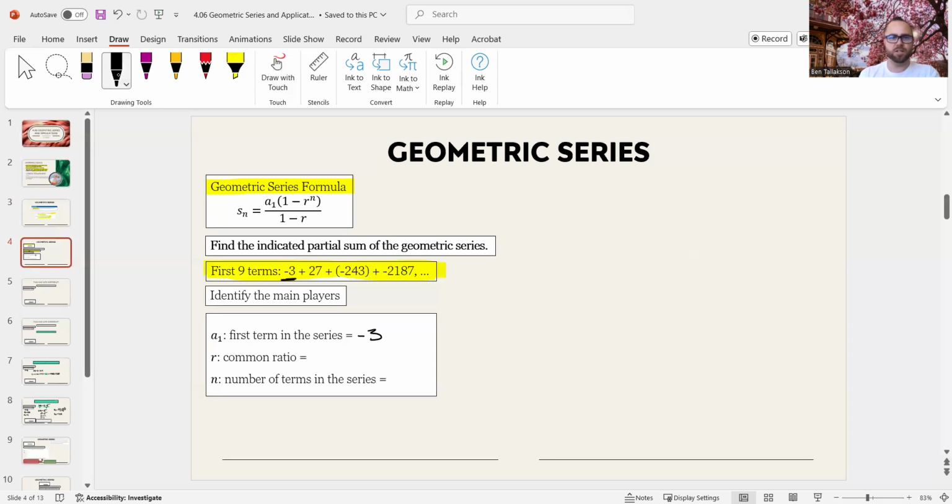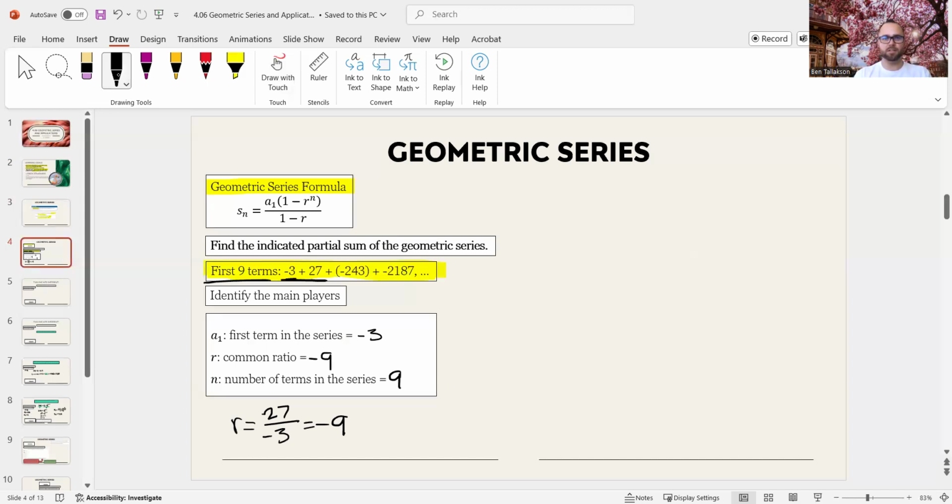Common ratio, they didn't tell us specifically, but as long as we see 2 numbers next to each other, and we're told it's a geometric series, we can use our common ratio formula. So take any number in the series, divide by the previous to get R, the common ratio. There it is. And finally, the number of terms in the series, well, yeah, they told us to add the first 9 terms. So we know everything we need.